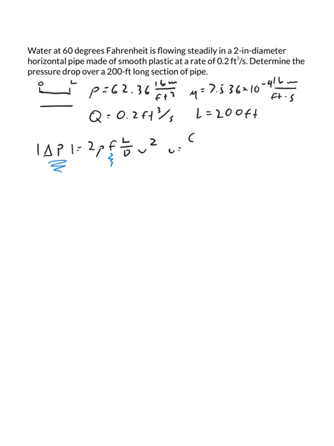U is going to be Q over the cross-sectional area, which is Q over pi D squared over 4.